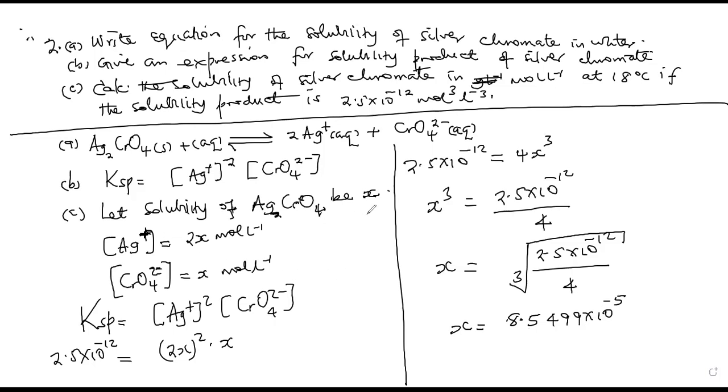Because you had let the solubility of silver chromate be x and we've gotten the value of x, we conclude and say the solubility of silver chromate is 8.5499 exponent negative 5 moles per liter.